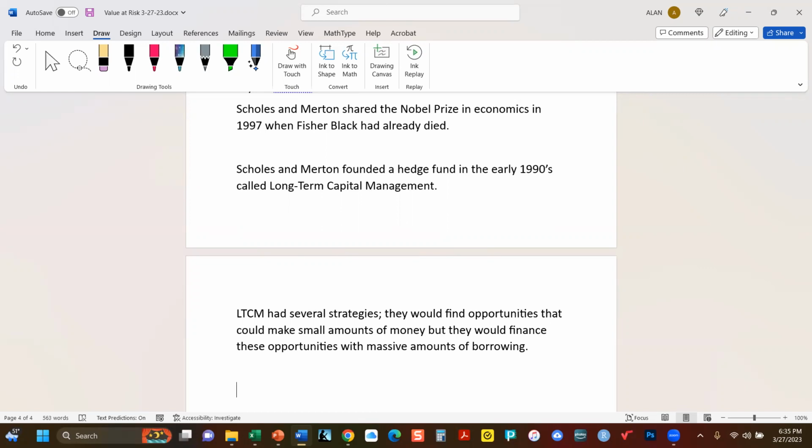And so they actually had a few good years in there. The first 3 or 4 years, they were really cleaning up. I seem to remember that the returns were something like 40% in the first 2 or 3 years, and then they had a return of 20. So along comes 1998. In 1998, LTCM had positions in emerging markets debt.